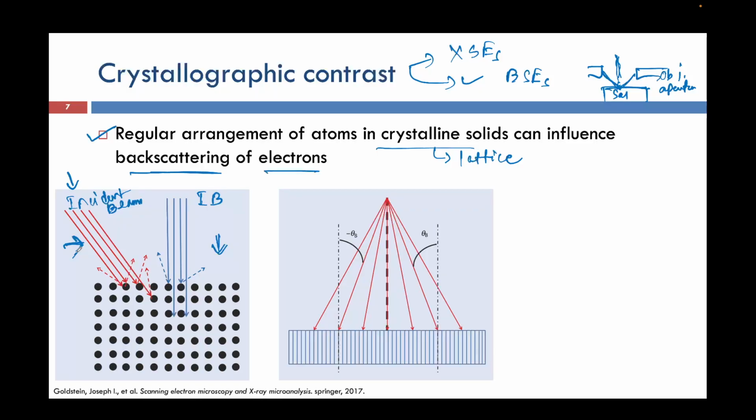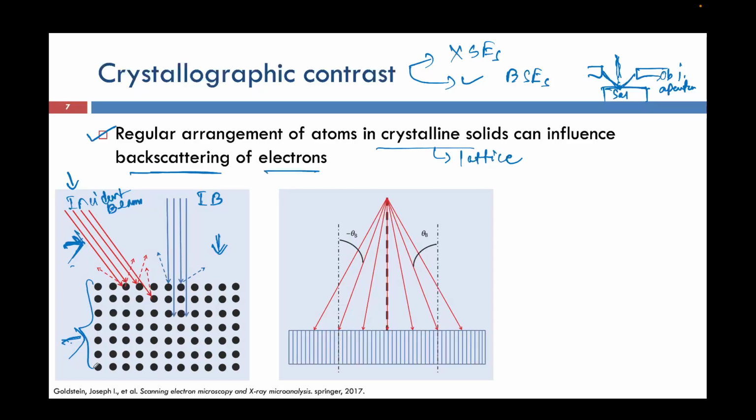Relative to the angle at which it is coming, when the oblique red incident beam interacts with my specimen, it will experience more atoms in its path.